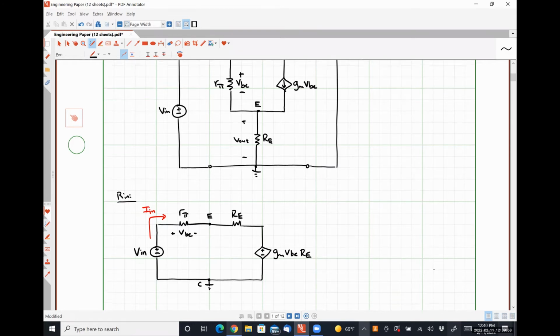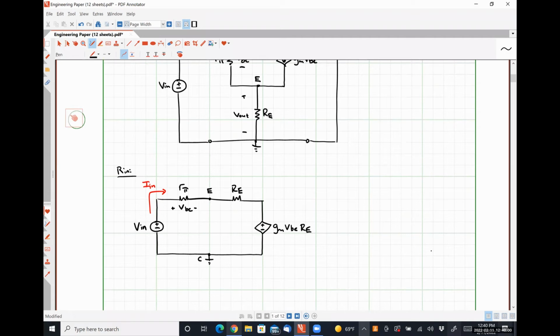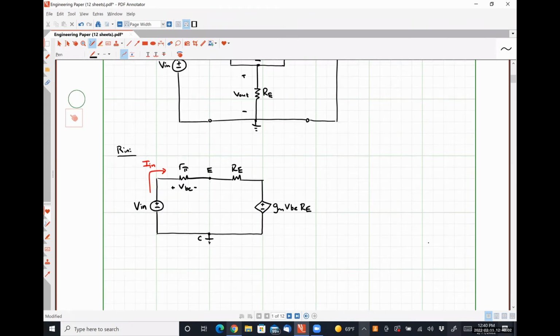So from this, we can see that my input voltage Vin is just R pi times I in plus RE times I in plus GM VBE times RE.